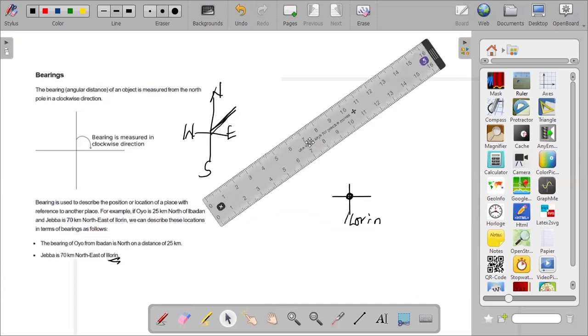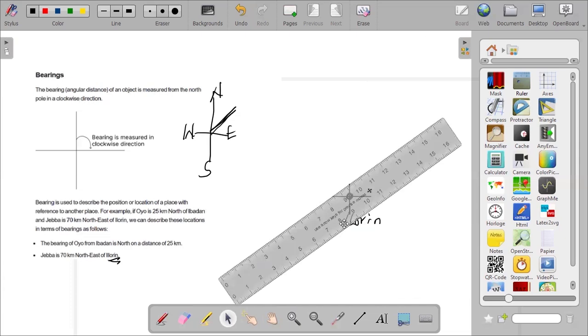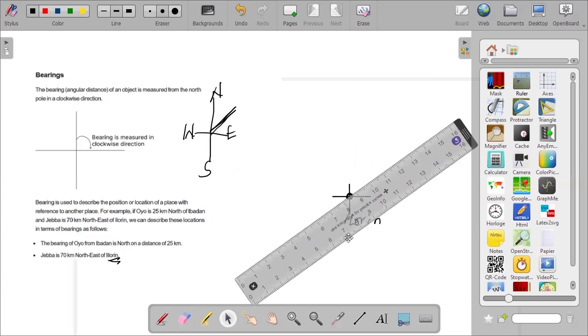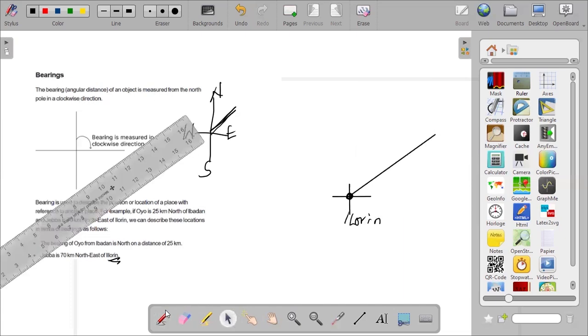To locate the position of Jeba, since it is northeast of Ilorin, we are going to draw a line going in the northeastern direction, which is this line here. Since this is north and this is east, this line here is northeast.